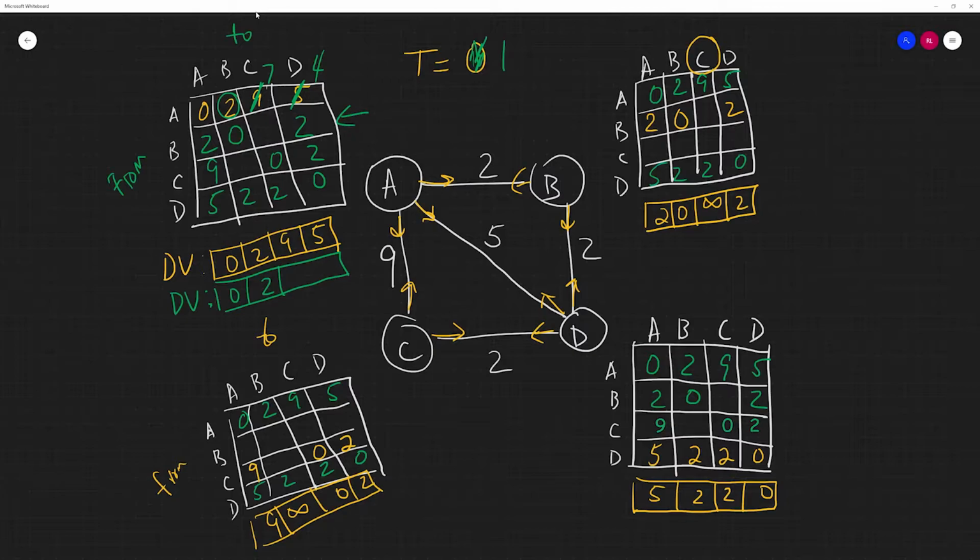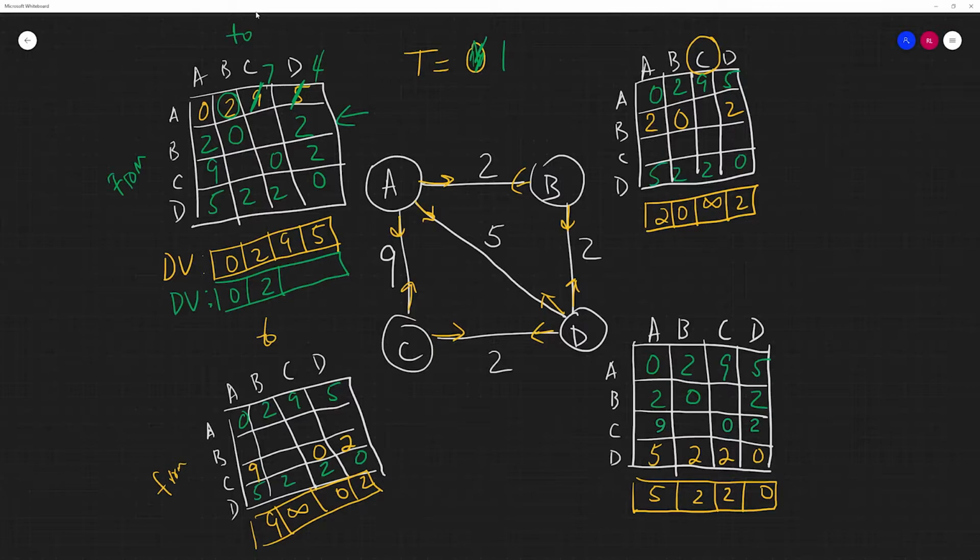That makes sense because this connection is faster than D's connection. So it's very possible that this might happen. In that case, this would update to 4, and then when I get D's distance vector, it would update this to 6 instead, because it would be 2 plus 4 instead of 2 plus 5.